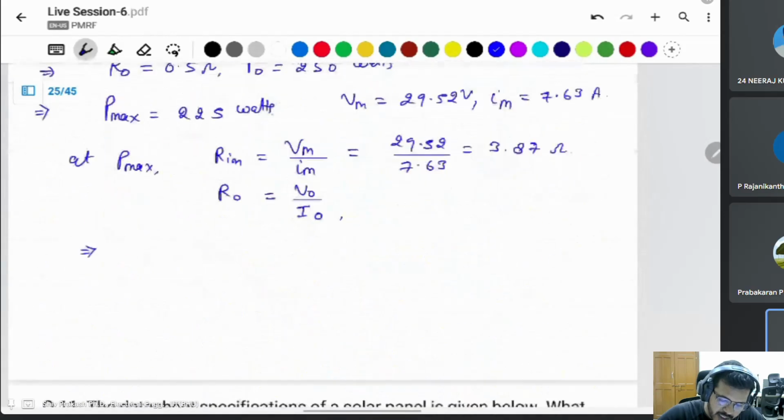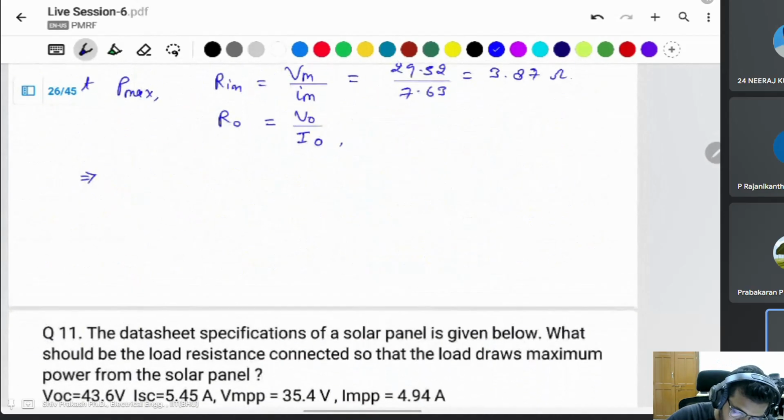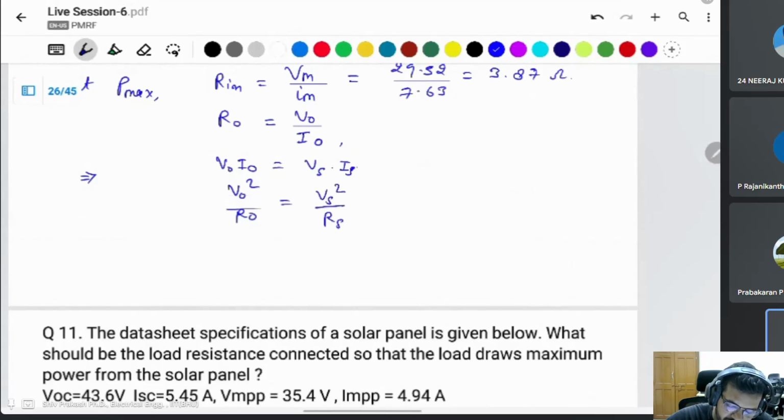Considering the ideal condition, simply use V naught times I naught equals Vs times Is. V naught divided by R naught is d Vs square divided by Rs, with d Vs for the output voltage.